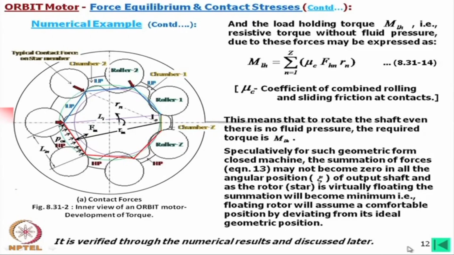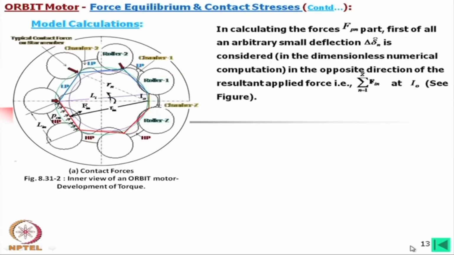One is outer, one is inner; one is top dead center, one is bottom dead center, whatever name you can give. It is better to call this the outer dead center and this the inner dead center. Okay. We have also verified this numerically, and that can be shown.